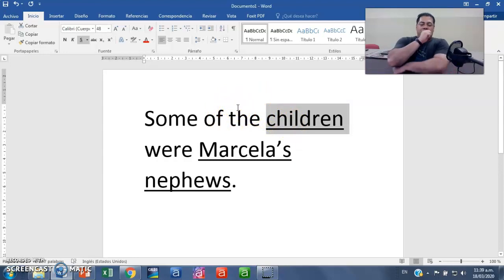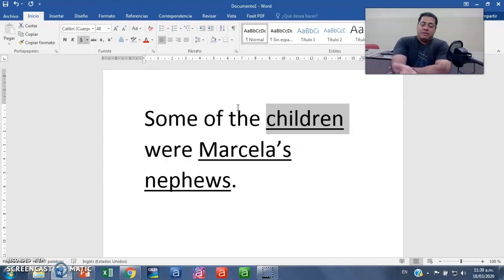Now, to be quite clear, children is part of the subject, but part of the complete subject. And when we classify a noun as the subject, then this noun must always be the simple subject, right? Whenever we are classifying a subject, in the case of nouns, what we are classifying are the simple subjects.